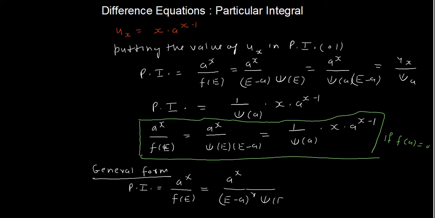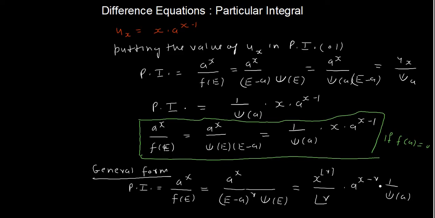Then in this case, the value of the particular integral becomes x factorial notation r upon factorial r into a to the power x minus r into 1 upon phi(a). What is the meaning of factorial notation?